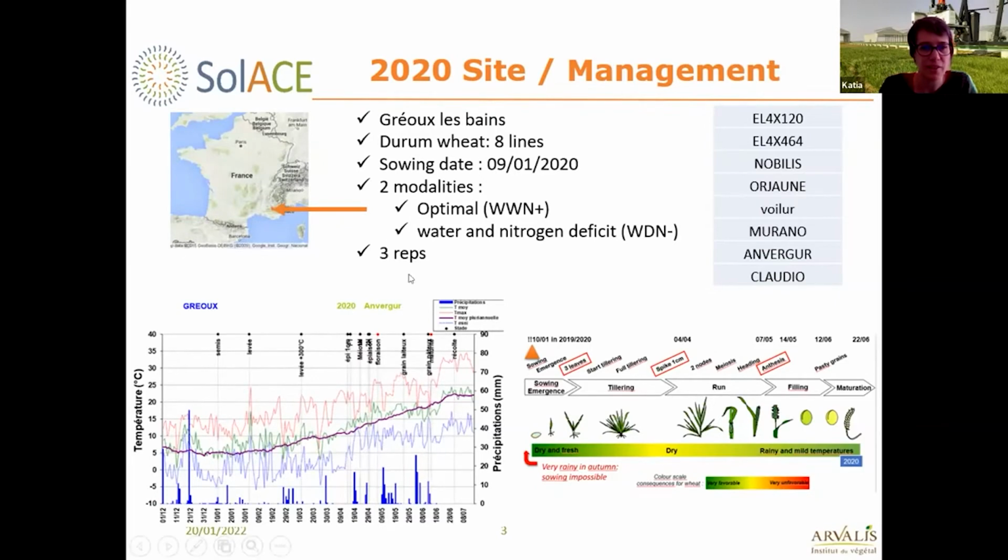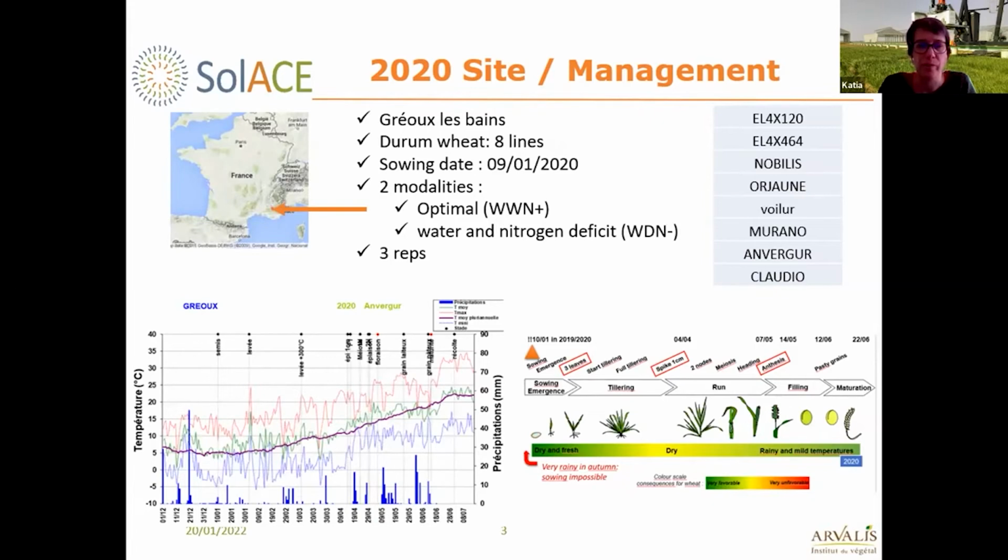To tell you about the climate of 2020 in this location, it was very rainy in the autumn, so we couldn't sow at an optimal date. So we sowed this field trial in the beginning of January, and after that we had a very dry spring.